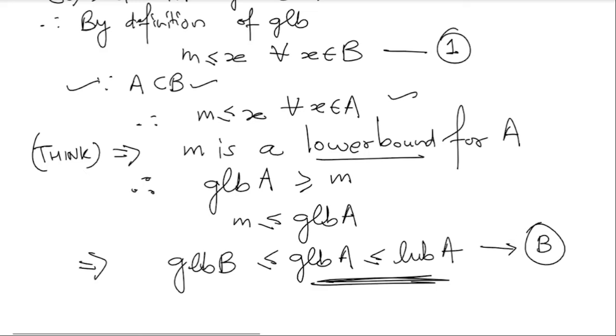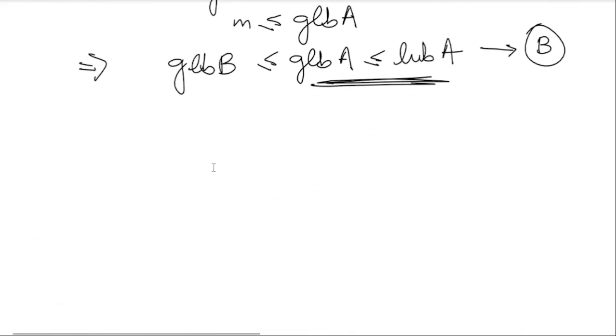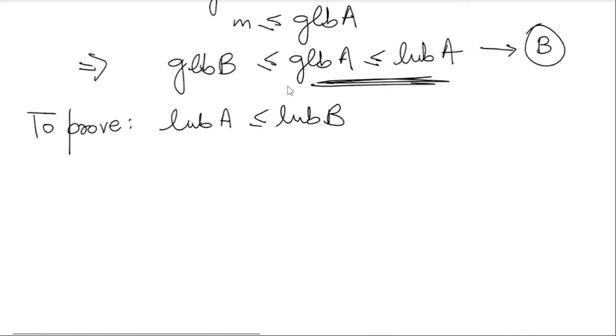Now I'm left to prove the second step: LUB of A is less than or equal to LUB of B. That is, to prove that the least upper bound of the set A is less than or equal to the least upper bound of the set B. Let me change the color of the pen.